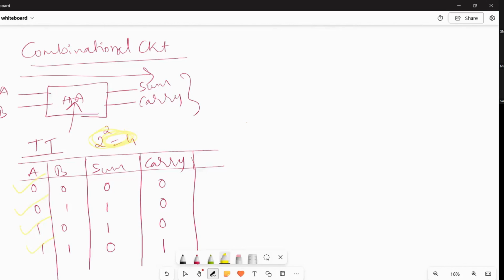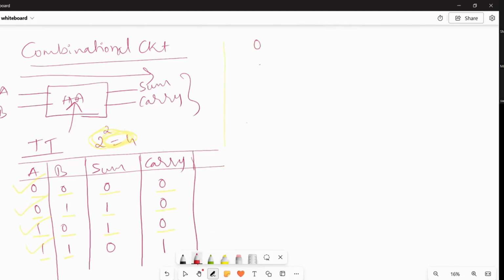First combination: when A is 0 and B is 0, sum is 0 and carry is 0. Second: A is 0, B is 1, sum is 1, carry is 0. Third: A is 1, B is 0, sum is 1, carry is 0. Fourth: A is 1 and B is 1, 1 plus 1 is 0 with carry 1. Do you know all this? Yes, sir, I know.